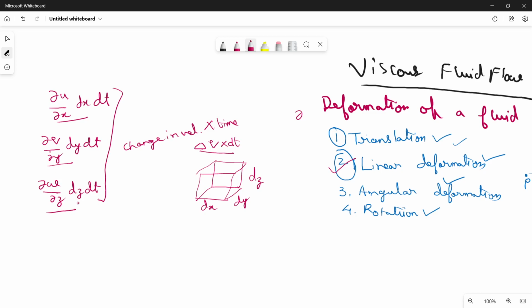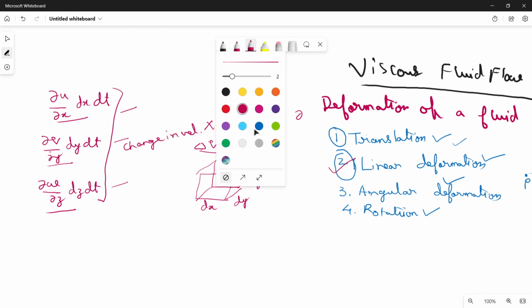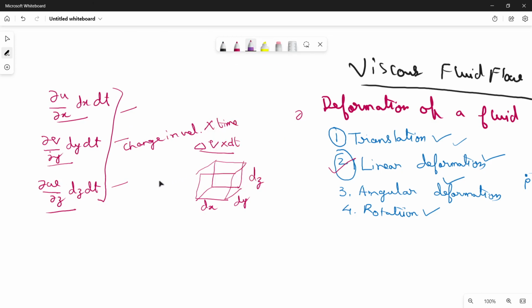Then consider this same fluid element. If there is linear deformation along all three directions, that is the x direction, y direction and z direction, what does it signify?